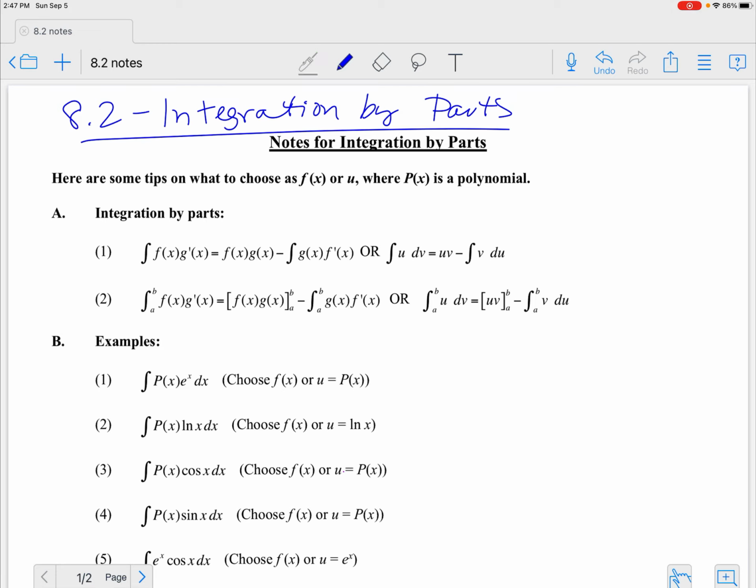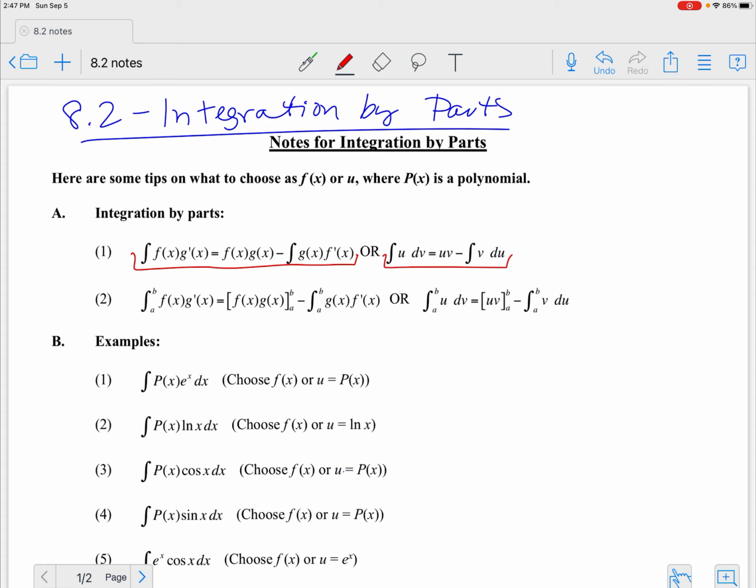So your book uses u as the variable. I have a tendency to use f of x and g of x as that variable. So whenever we're looking at this integration by parts, here is the function notation. Here is the u and v notation, okay?